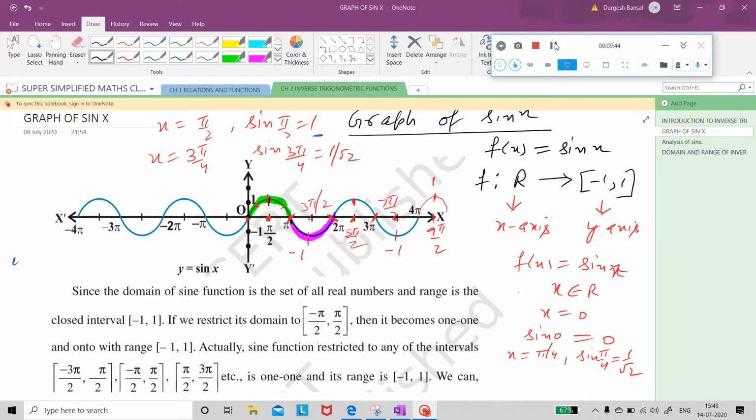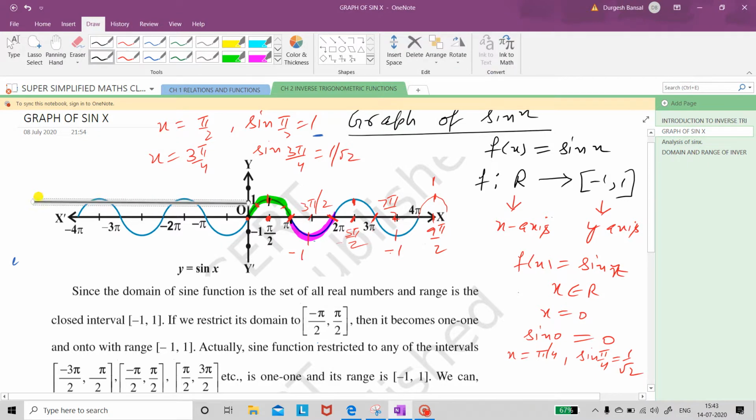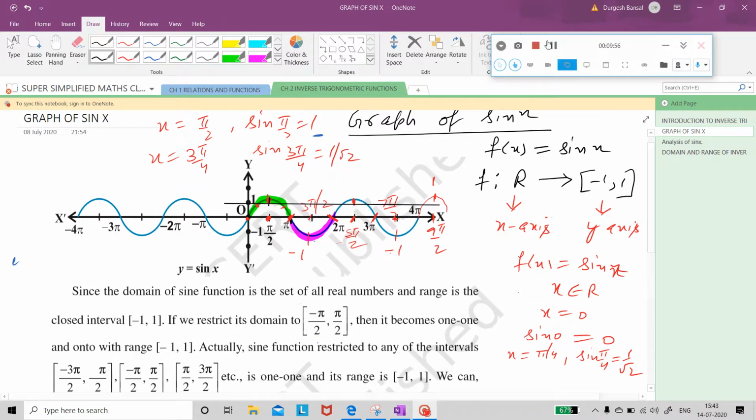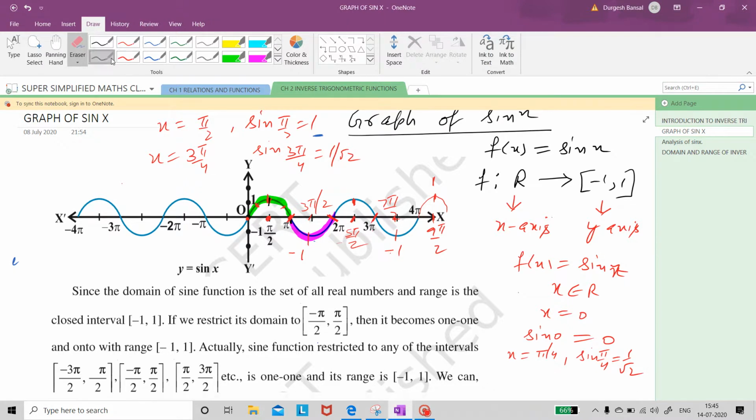Now I can show you why this function is onto. To understand the ontoness of the function, you can see that between -1 and +1 on the y-axis, all the points have been taken as values by the sine function at least once, and more than once.